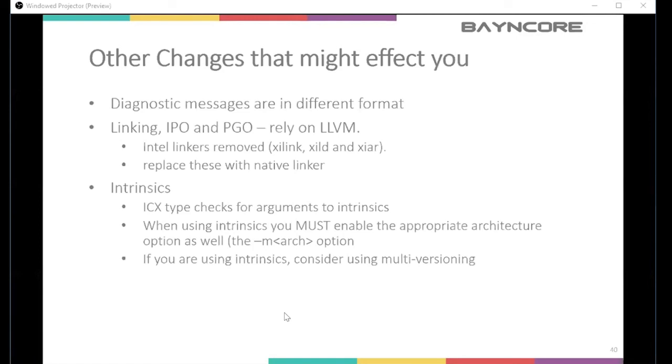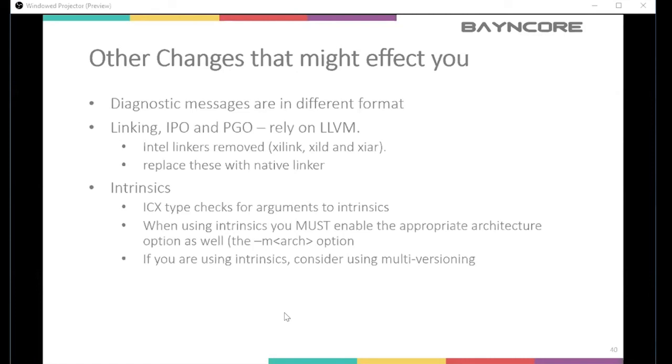So for example, if you're familiar with this technique with Parallel Studio, you'd be using the separate linkers. You wouldn't use those linkers. You must use the native linker when you're using the LLVM compilers, if you're using IPO and PGO, for instance.